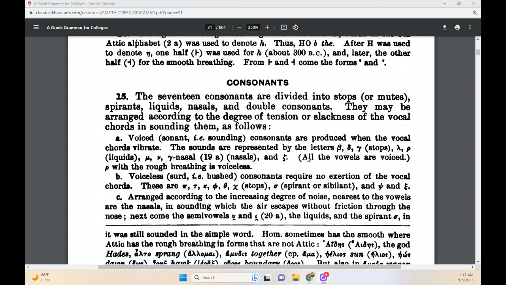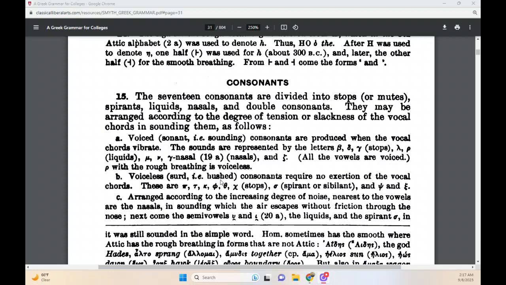But some consonants are voiced, those that we learn here in Part A of Article 15. Then we have voiceless consonants. You can see these are also called surd. You'll see this word surd in some grammar books, which means hushed or voiceless.